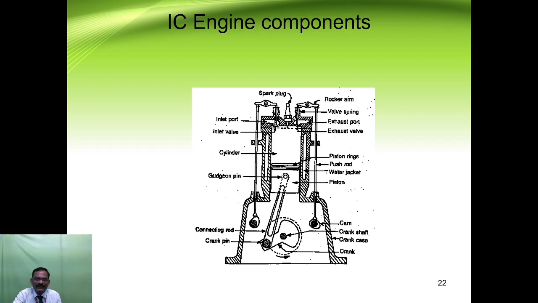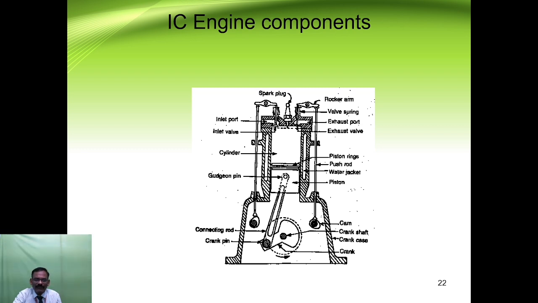Mainly the IC engine has 4 different processes: suction, compression, expansion, exhaust. The fuel enters through the inlet port into the cylinder and undergoes the process, and after the heat addition it is expanded, and finally the waste gases are sent to the atmosphere through the exit port.